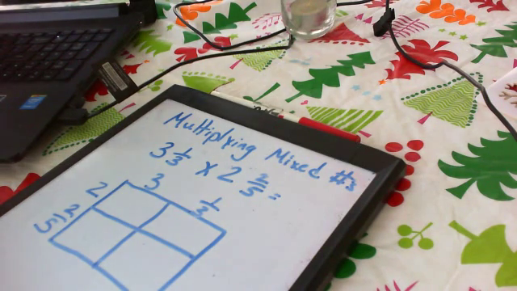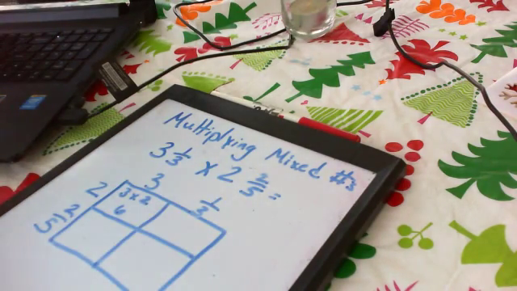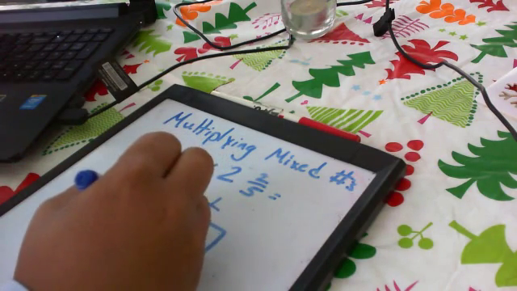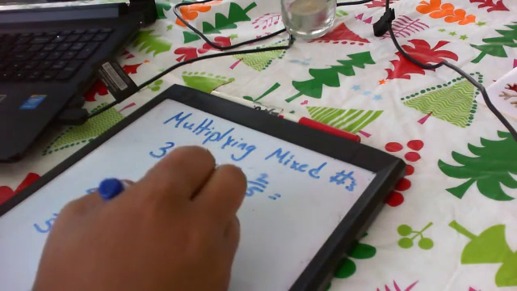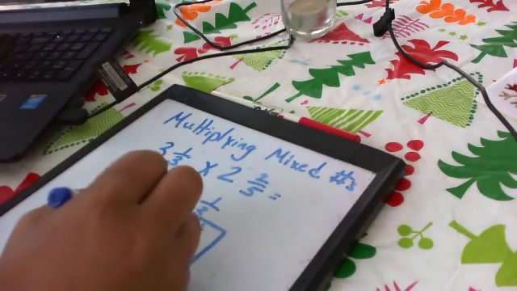So now we keep going. And so I write it out. 3 times 2 gives me 6. Good so far. 2 times 1/3. Remember, 2 over 1 is what that's going to become, so we can just multiply across. Gives me 2/3.